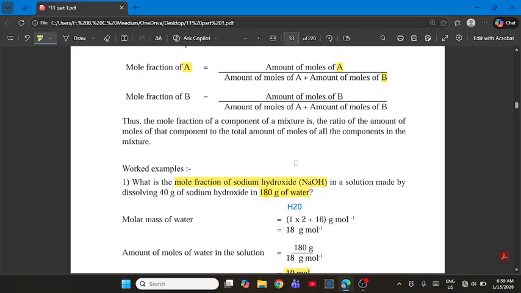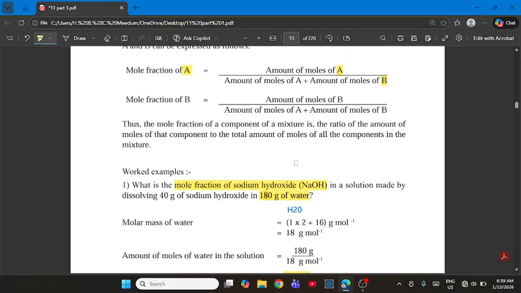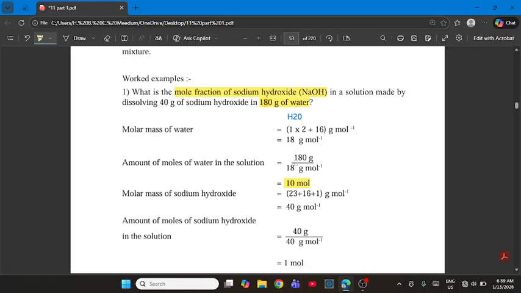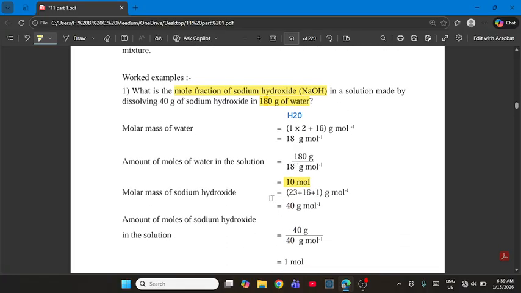Okay, water is 10, but we still have to find out number of moles of sodium hydroxide. Now we are going to find out molar mass of sodium hydroxide. For sodium it's 23, for oxygen it's 16, and for hydrogen it's 1. So 23 plus 16 plus 1, we are getting the answer 40 gram per mole.